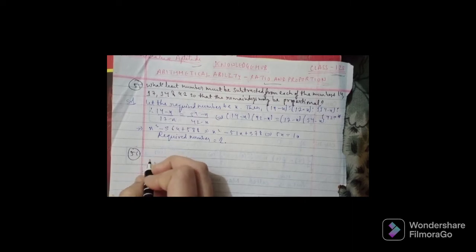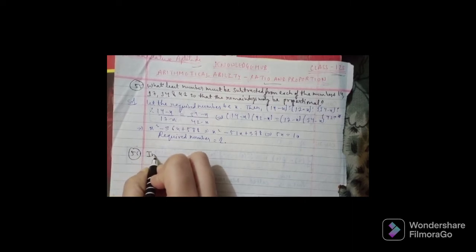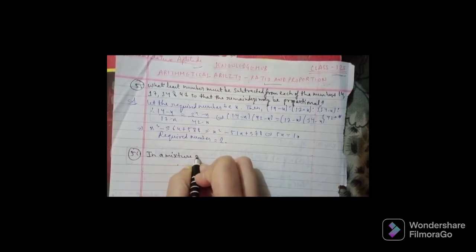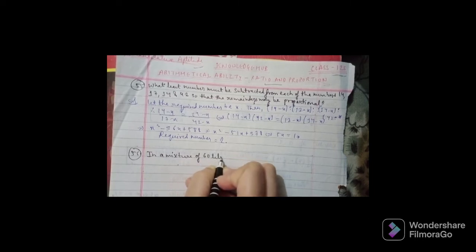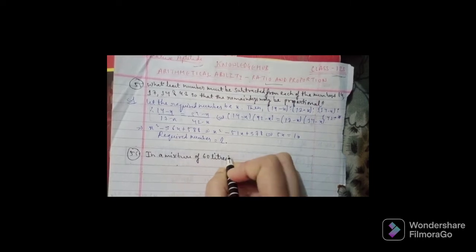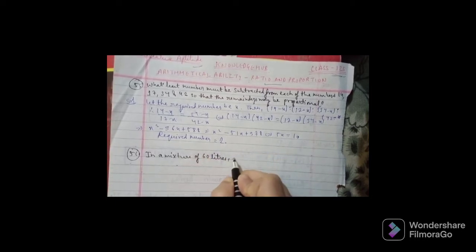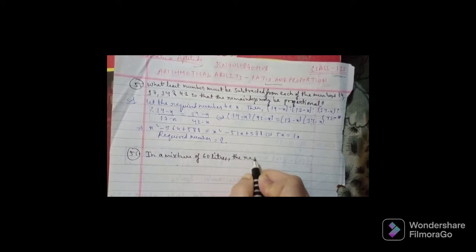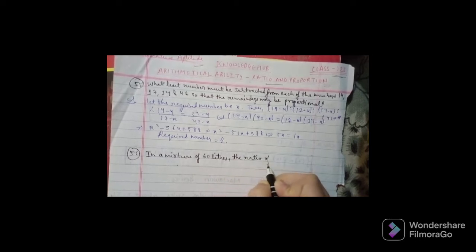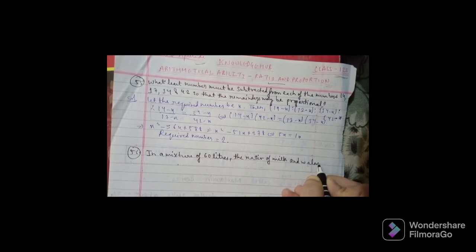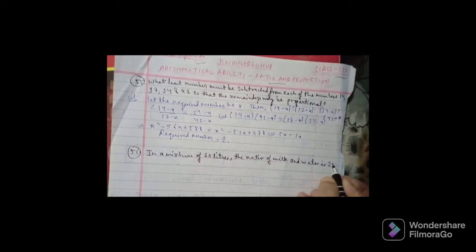In a mixture of 60 liters, the ratio of milk and water is 2:1.